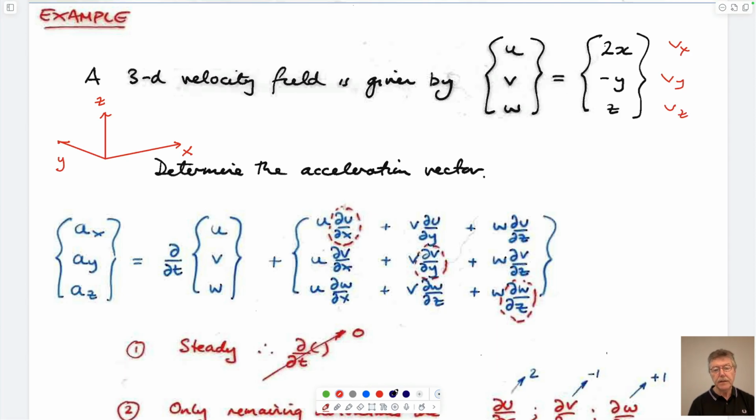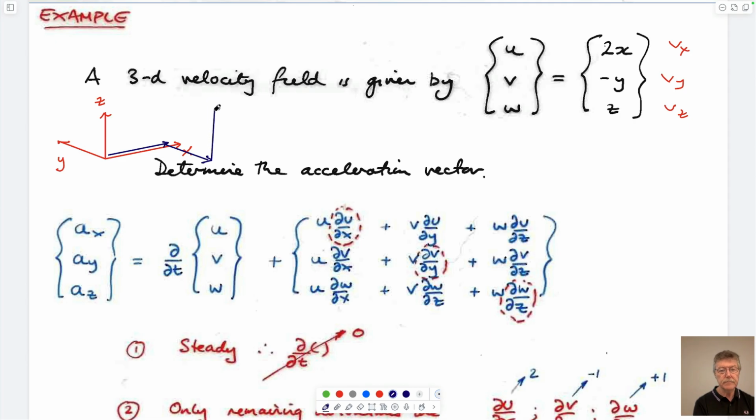So if we have something that's going at the velocity 2, minus y is not so easy to draw, but minus y would be off here somewhere, right?